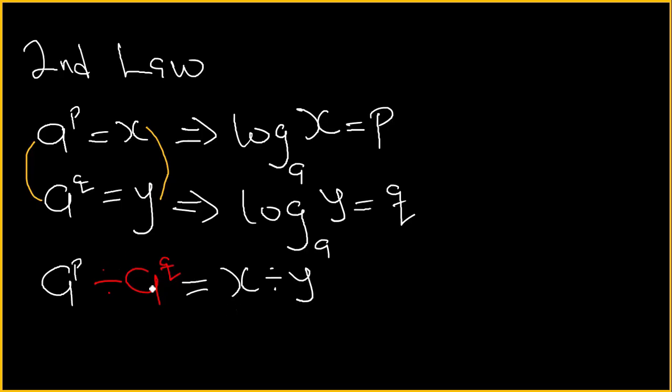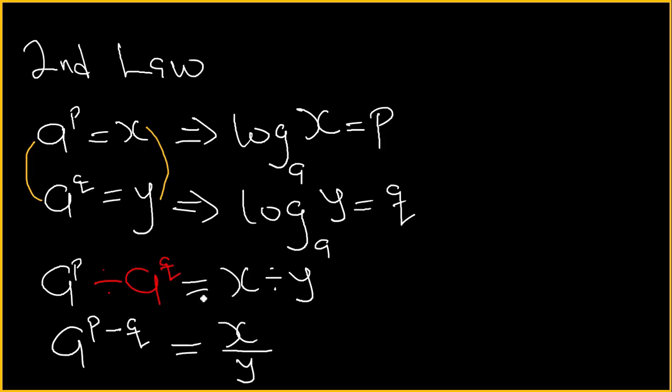So from the second law in indices, which is the quotient, anytime we have two index forms with the same base dividing, one of the bases is taken and the powers are subtracted. So we have p minus q equals x divided by y.